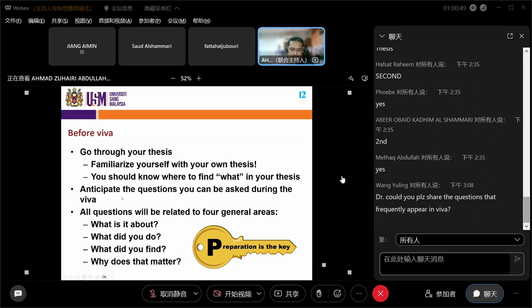Again, it relates very much with the comments that we receive from the journal submission. Okay, all questions will be related to 4 general areas. What is it about? Where did you do? What did you do? What did you find? What does that matter? Okay, so those things are important, right? Especially this one, the last one.